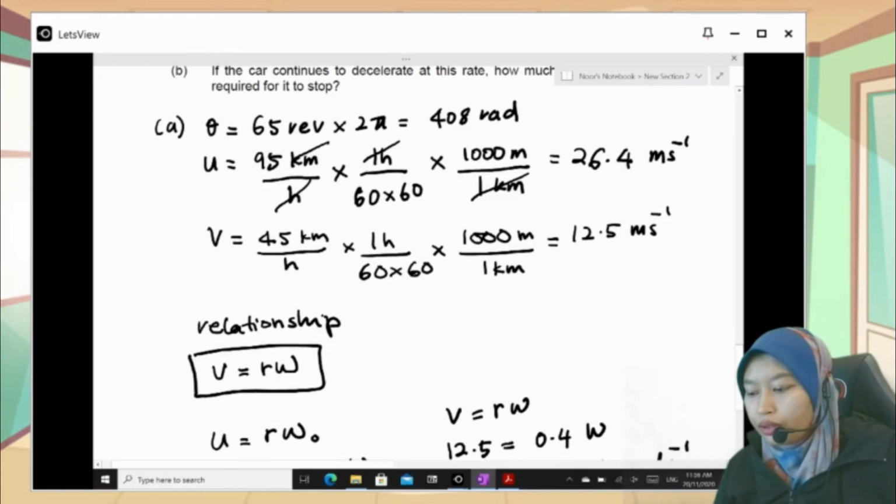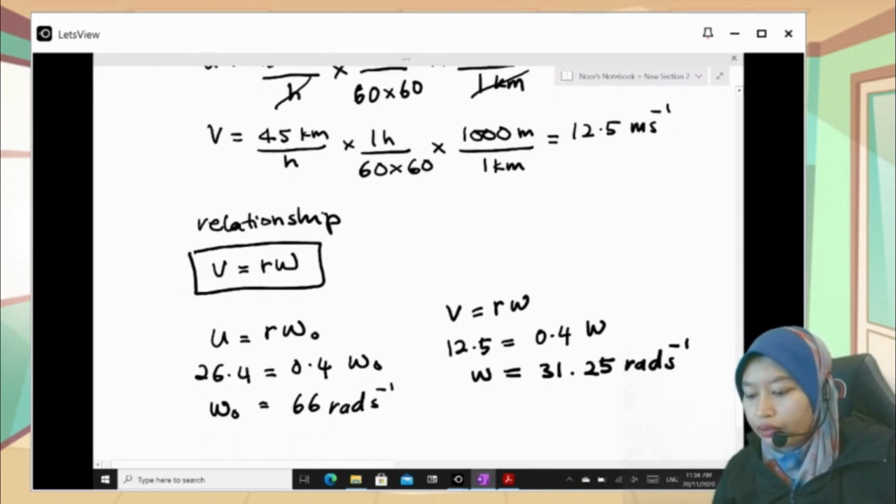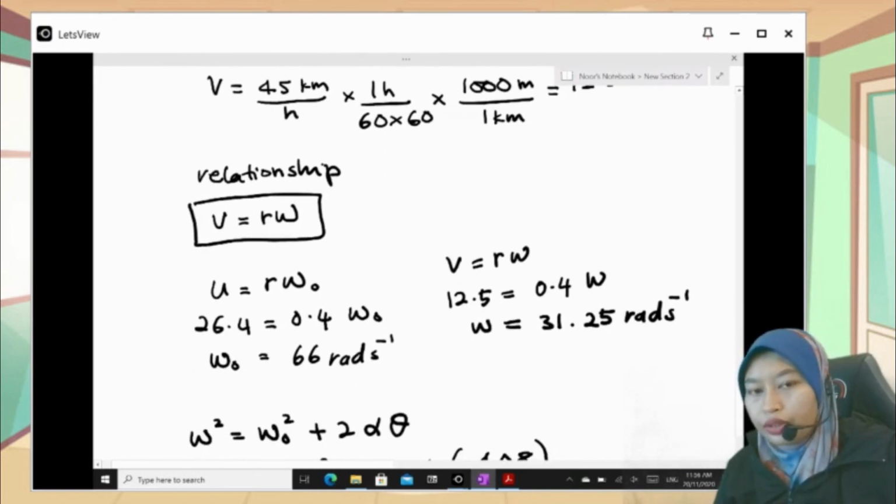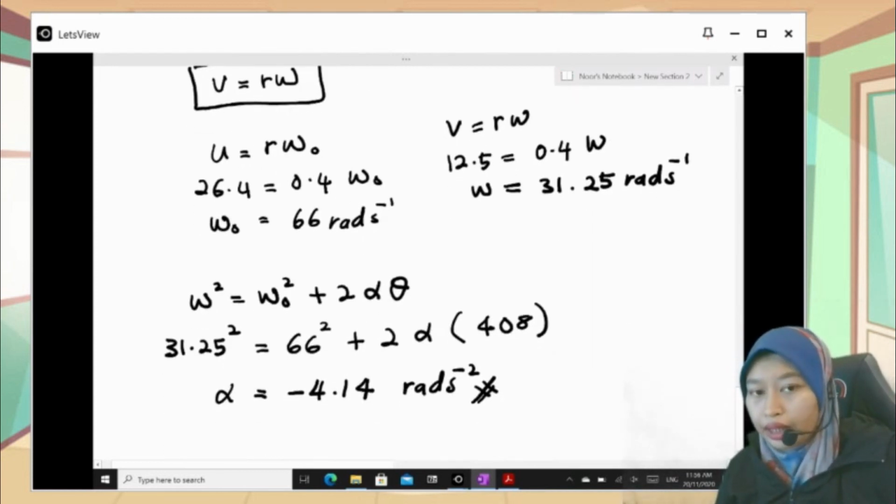So the first thing I did is change it to meter per second first for both velocities, and then find the relationship because we don't want linear velocity, we want the angular velocity. So find the omega naught and omega using the relationship, and then final step is substitute all the values into the right equation of motion.